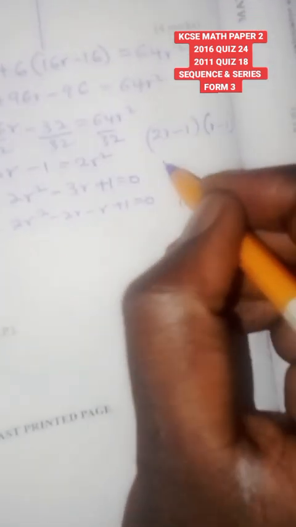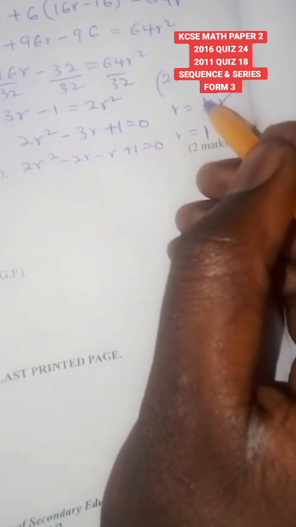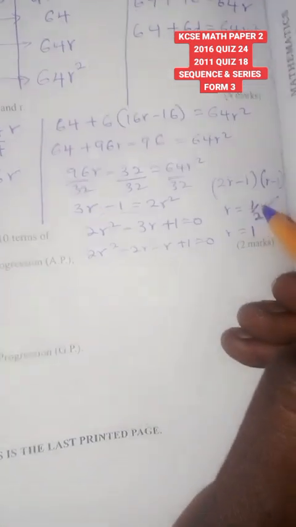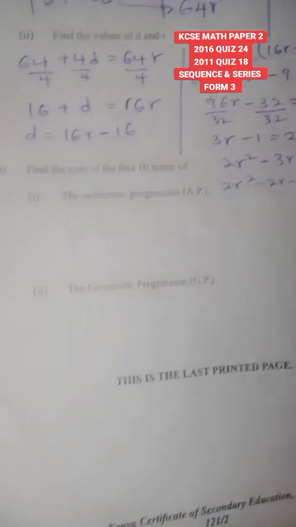Therefore, the value of r is a half and r is also 1. But remember, it is a decreasing GP. So automatically we are going with r equal to a half. This one will be increasing, the other one will be decreasing. And you know, in geometric progression, if the ratio is less than 1, then it's decreasing. If it is greater than 1, it is an increasing one.